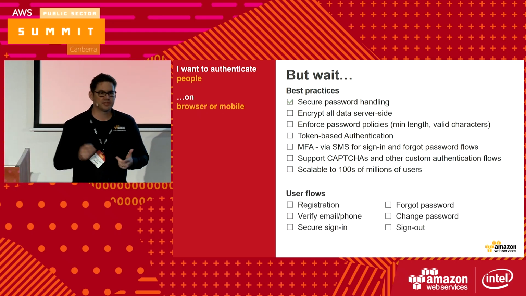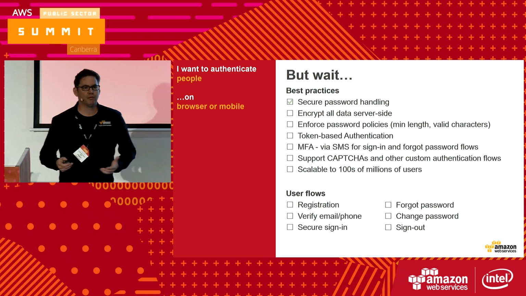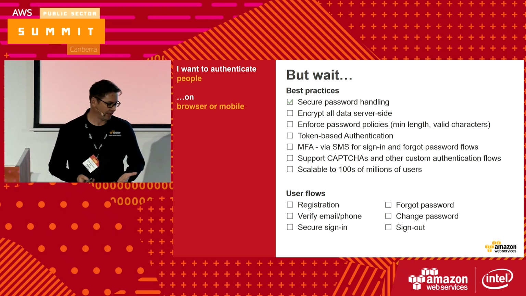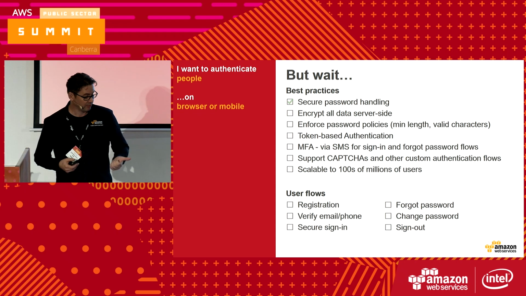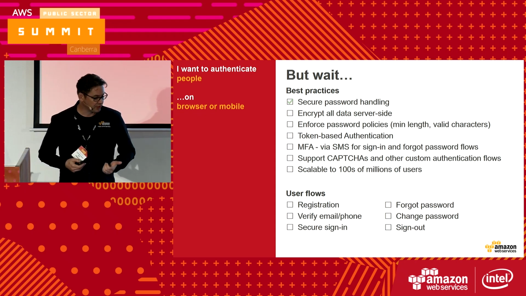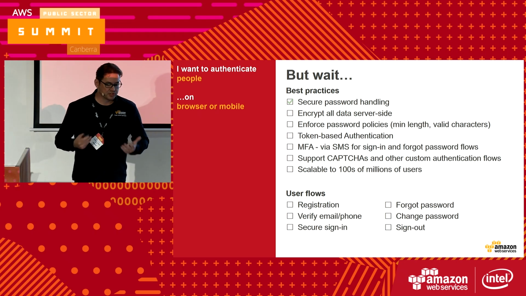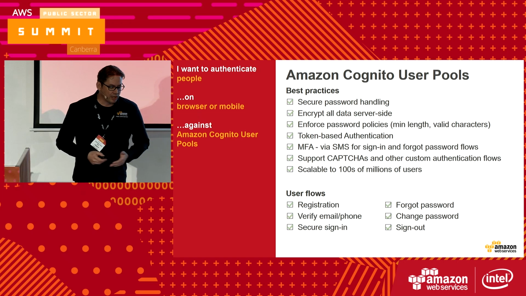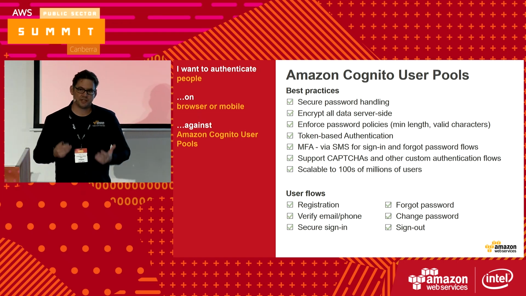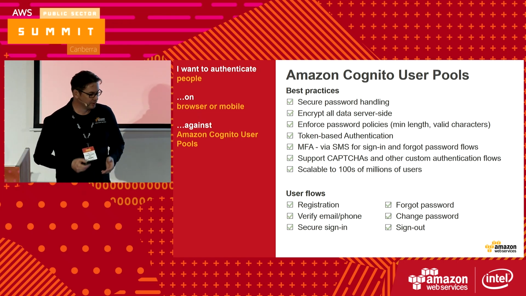How do I consistently and repeatedly provide a mechanism for registration, verifying emails and things like secure sign-in and forgot password functionality? Amazon Cognito User Pools provides facilities for all of this.